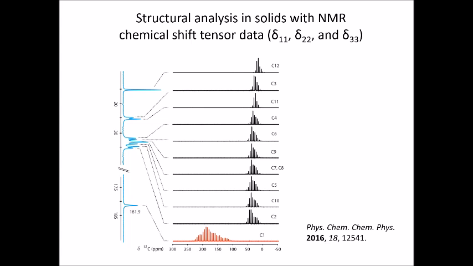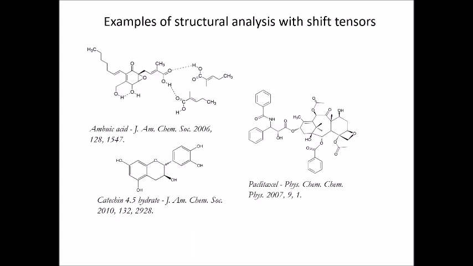The spectra that we typically use are shown here in the figure. For each isotropic line for a given site for the carbon-13, we'll get this pattern in the second dimension called the powder pattern, and from that we can derive the three shifts using numerical fitting. This example I think is lauric acid, and it's given in this 2016 paper if you're interested in looking at it. The methodology that we use has proven to be pretty general.